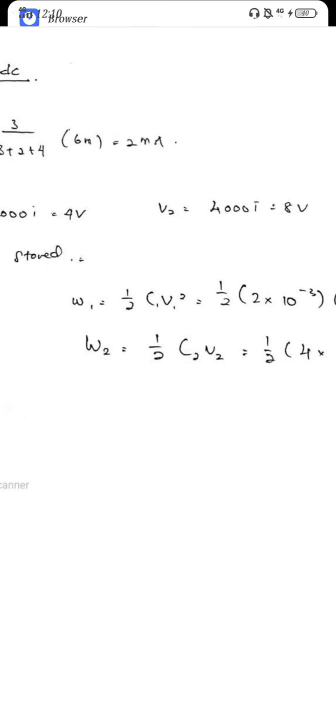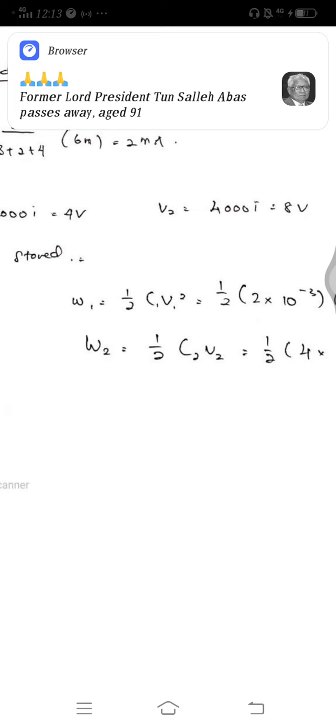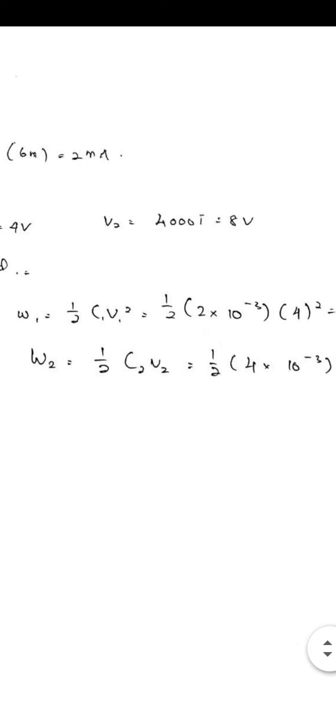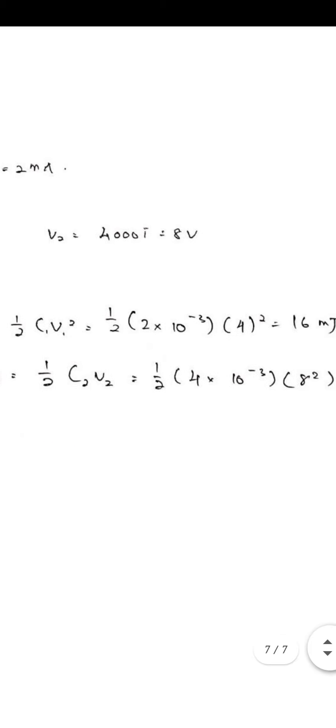For the second, W2 equal to 1 over 2 C2 V2 squared, equal to 1 over 2 times 4 times 10 to the minus 3 times 8 squared, we got 128 mJ.